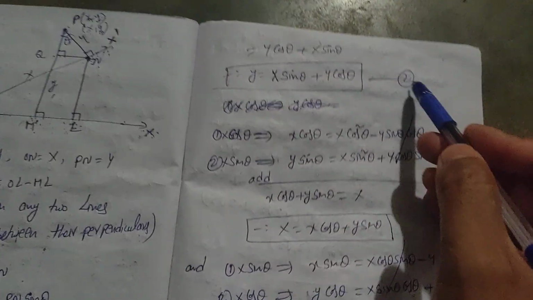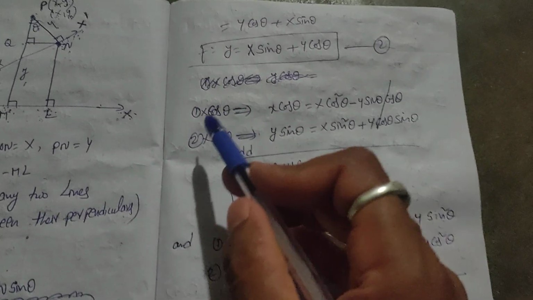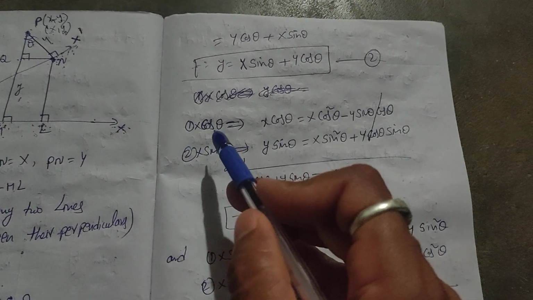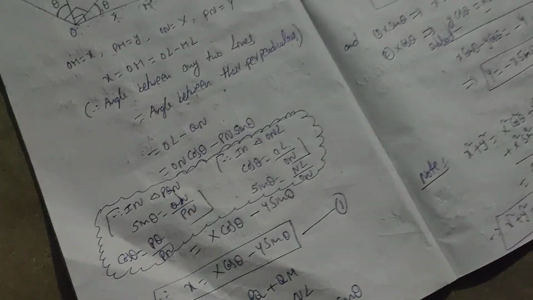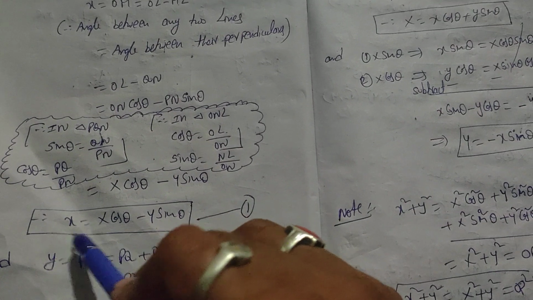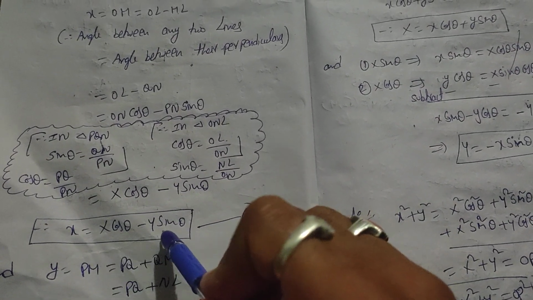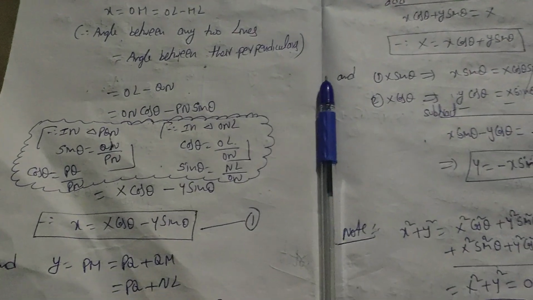Okay, so now this is the first equation, this is the second equation. If you multiply one with cos theta, then it is nothing but x cos theta is equal to capital X cos square theta minus y sin theta cos theta.